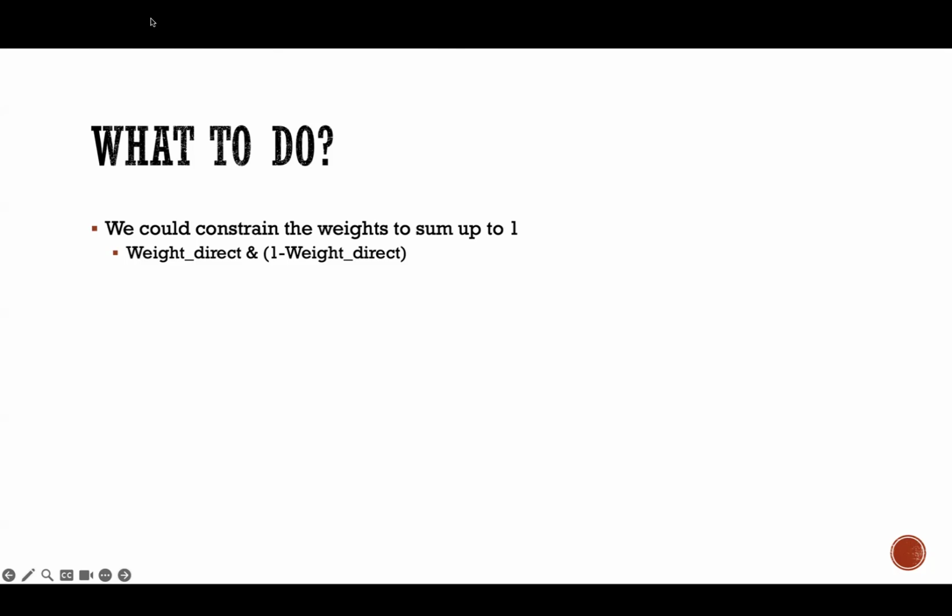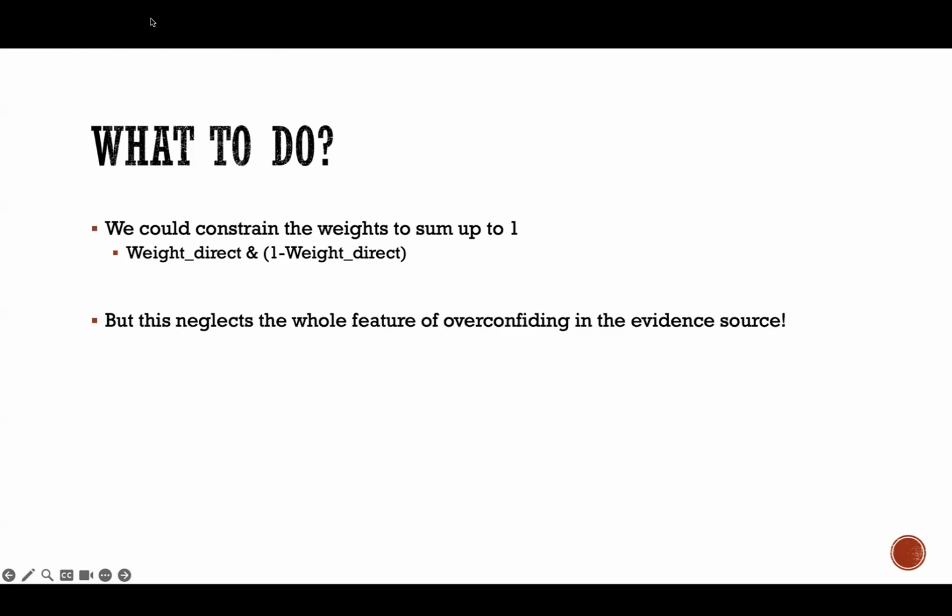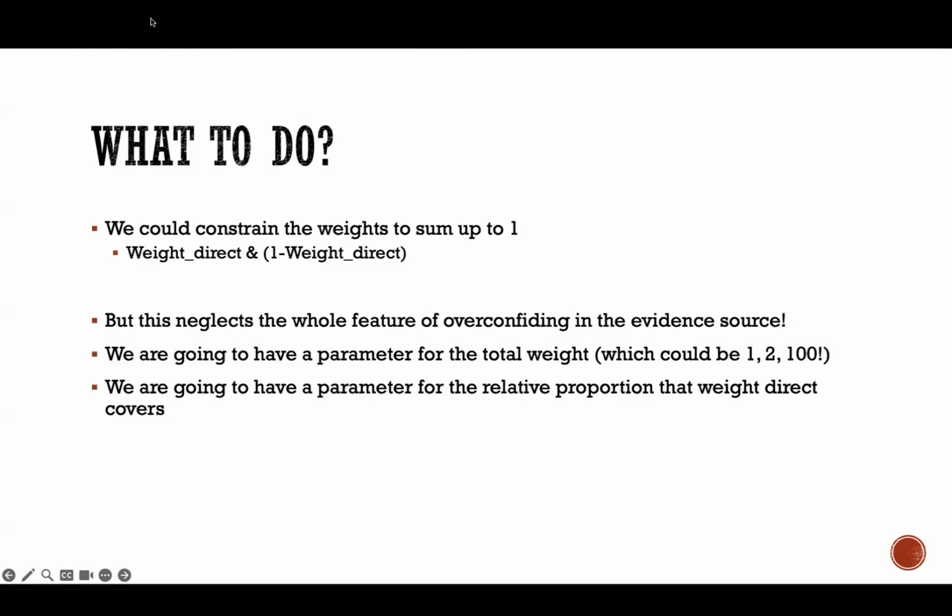So that they cannot really go in all sorts of directions. And that's exactly what we're going to try to do. We're going to have a parameter that tells us how much evidence we want the system to have, how confident our expected rates should be, and a parameter that tells us the ratio between the two weights.